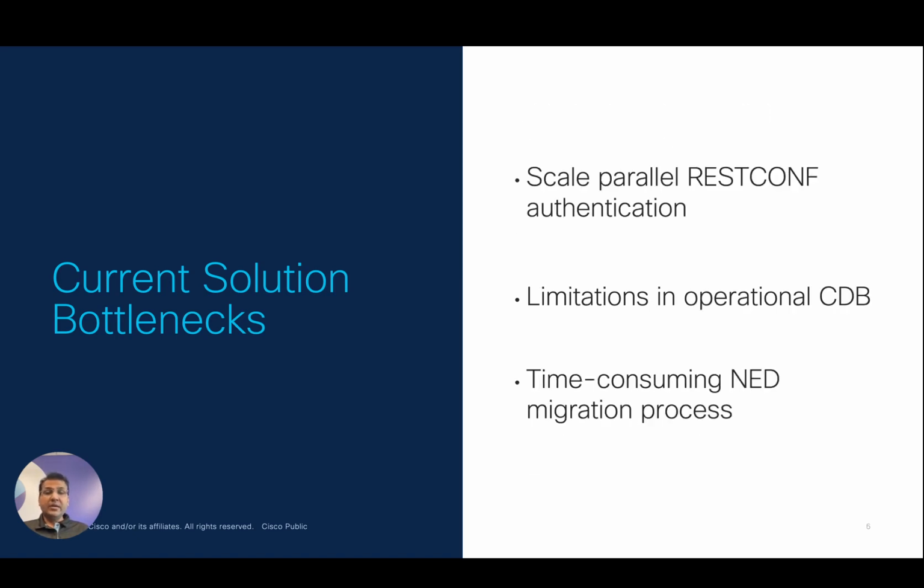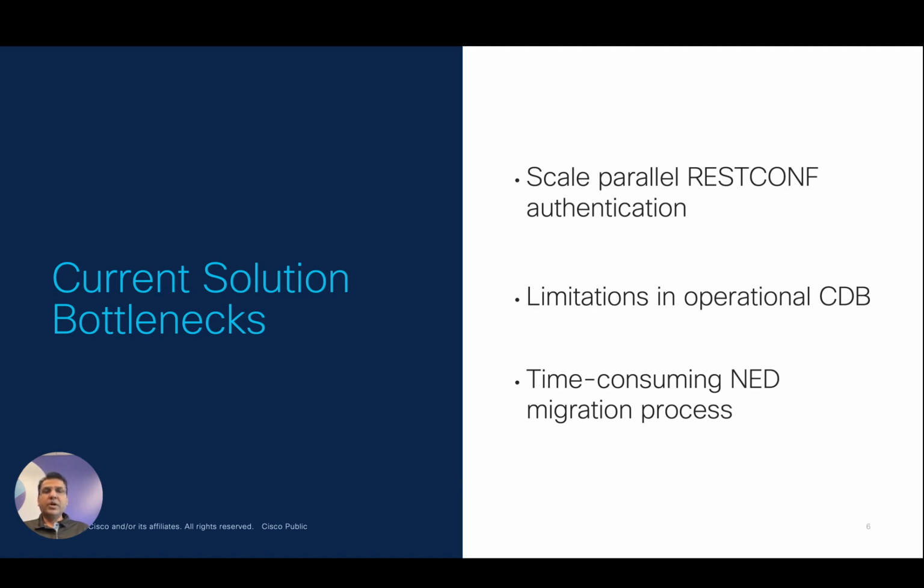The next bottleneck that we were facing was parallel RESTCONF authentication. As I mentioned, the northbound system is sending thousands of RESTCONF calls to NSO, and NSO has to authenticate those RESTCONF calls. These calls are authenticated with the auth cache.